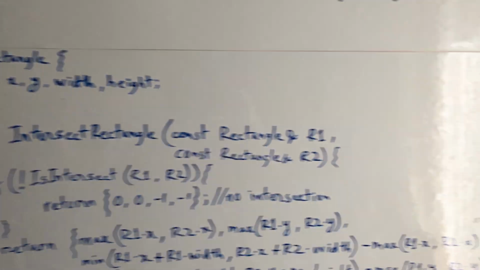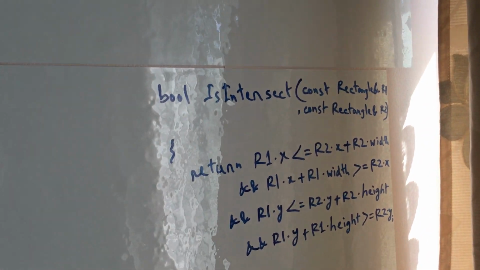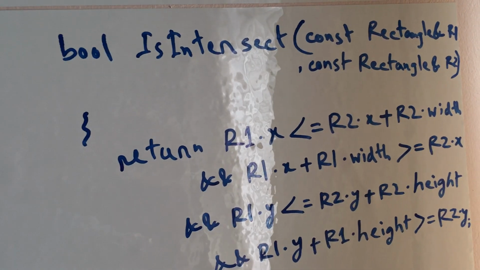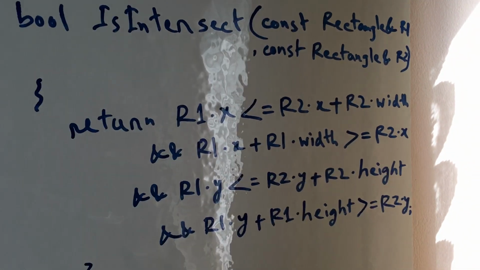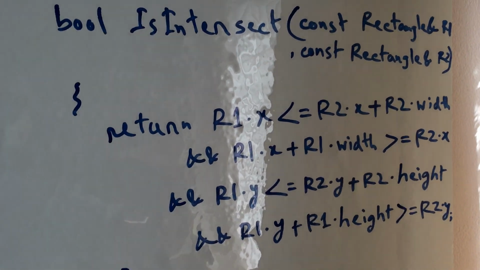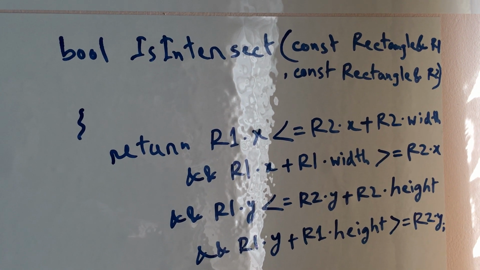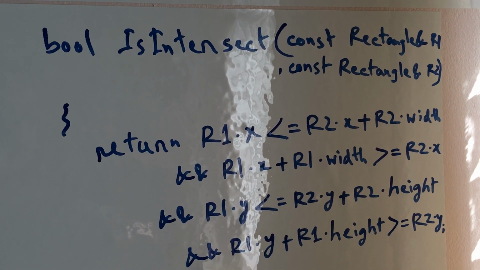So we have a helper function which tests if two rectangles intersect each other.